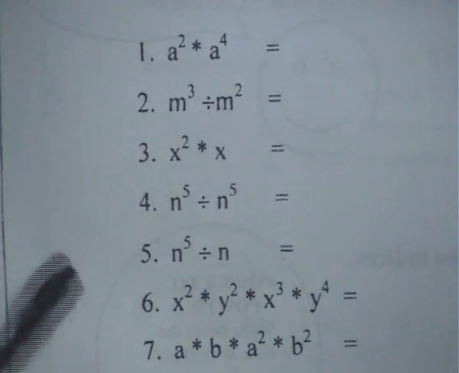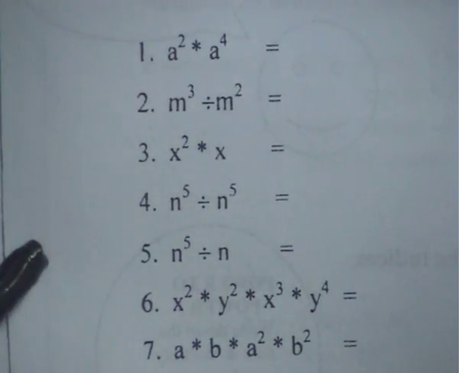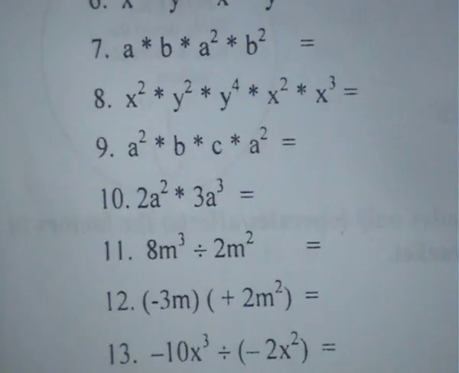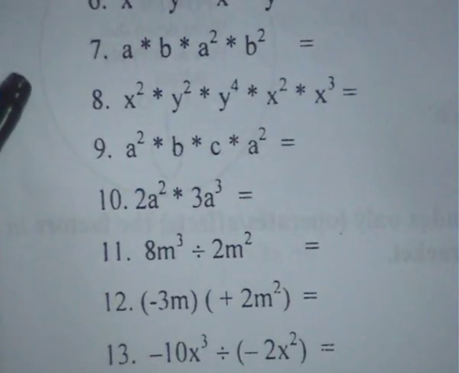Number 5, n to the 5 divided by n. Number 6, x squared times y squared times x cubed times y to the 4. Number 7, a times b times a squared times b squared.